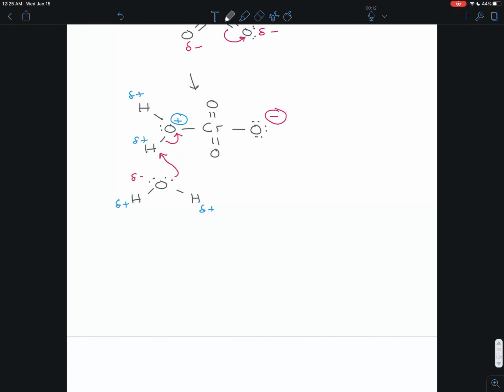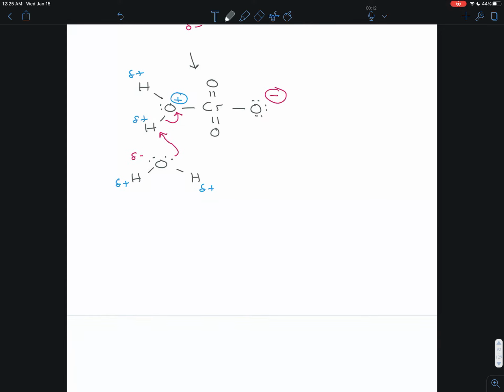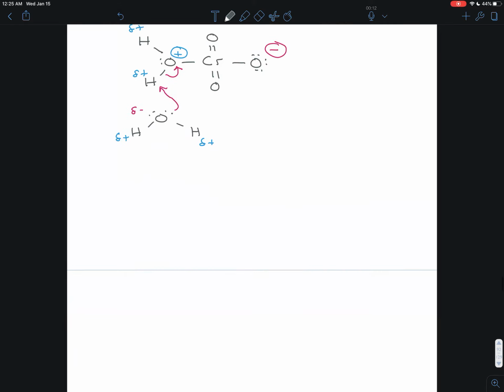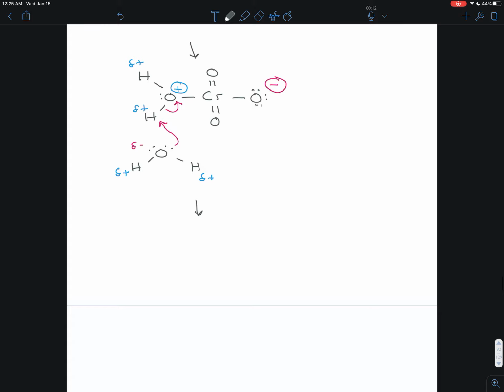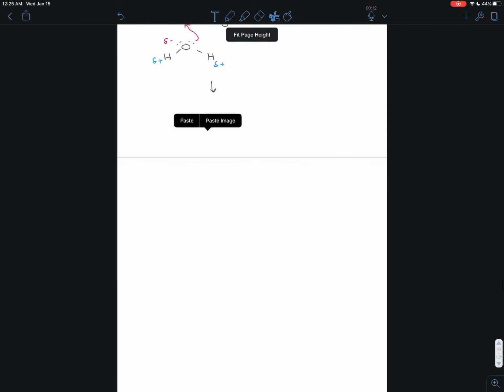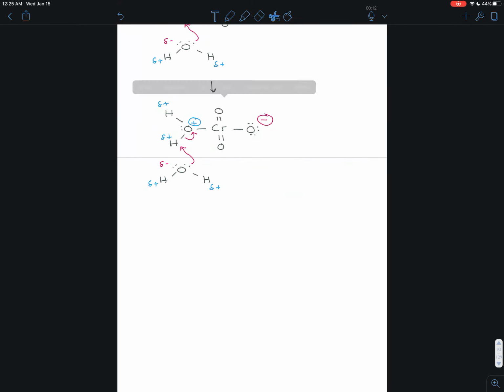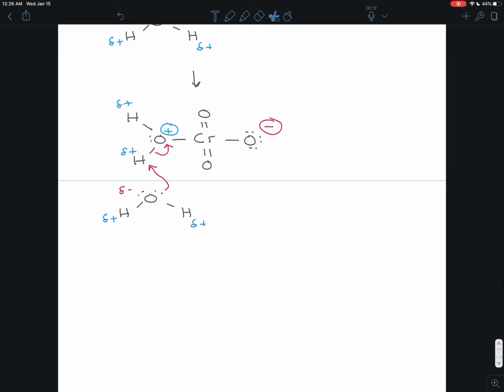So notice this is a proton transfer. We're taking this H+, that proton, and we're moving it onto water. So what we have at this point is this lone pair will turn into a bond to this hydrogen.